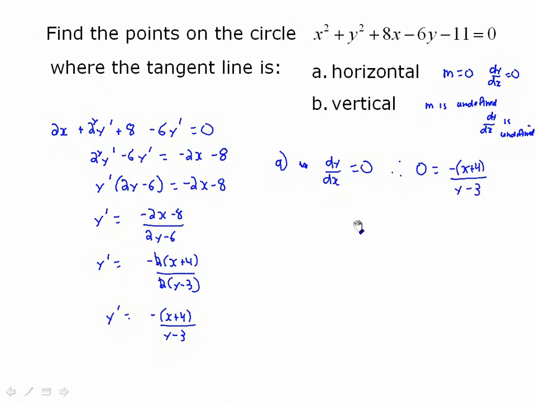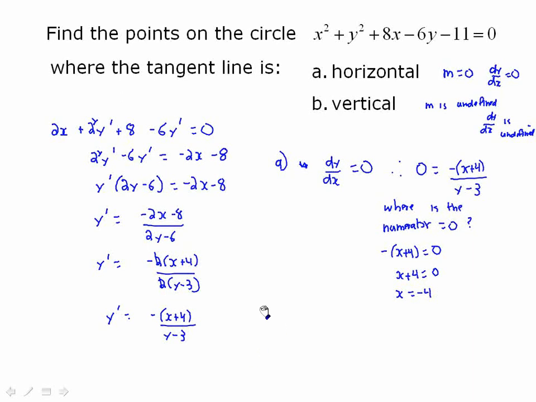If it's equal to 0, you could solve it mathematically, but it's easier to ask yourself, where is the numerator equal to 0? So negative x plus 4 equals 0 means x plus 4 is equal to 0 if you divide by negative 1, so x is equal to negative 4. Now that's your x-coordinate where it's horizontal.